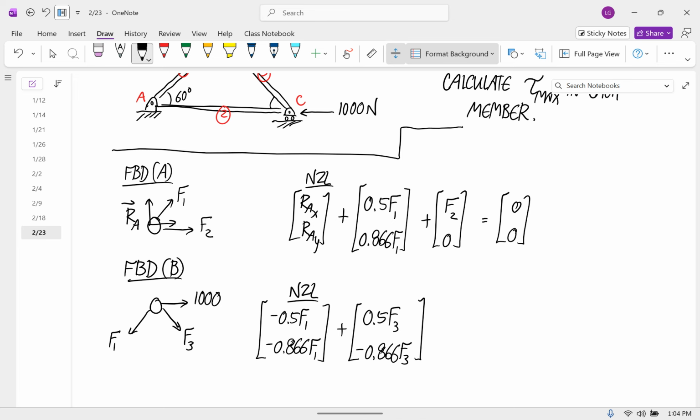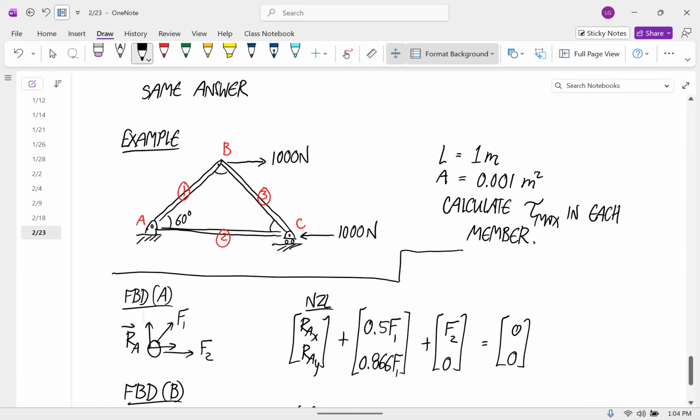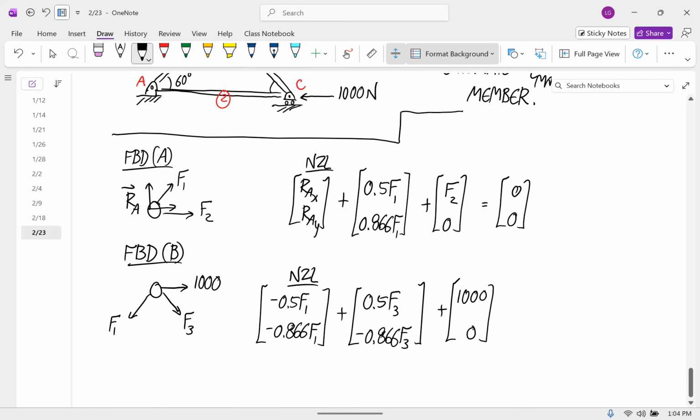So you're just multiplying it by -1. And then the second one would be 120. And then we have plus 1,000, 0. And that's everything.